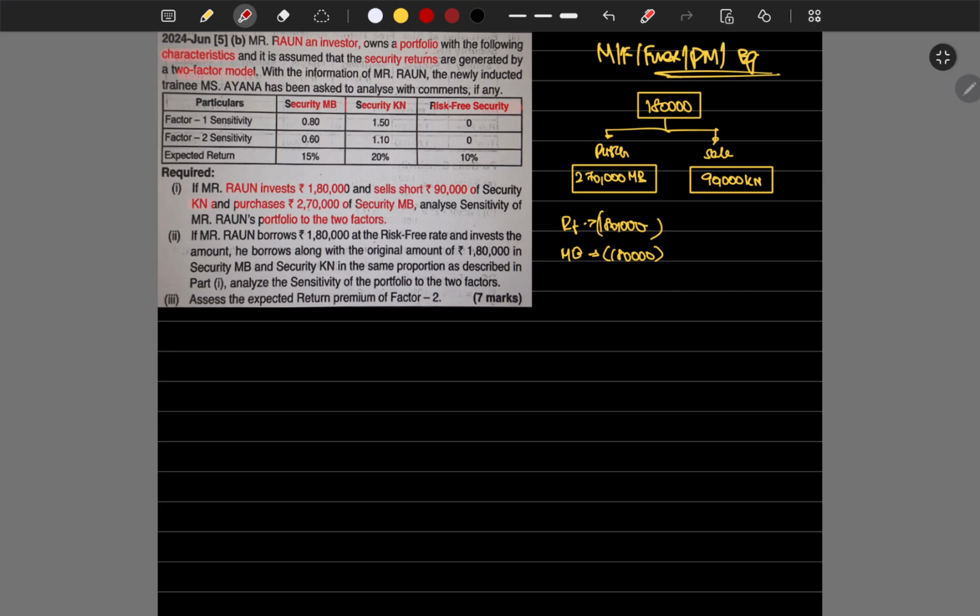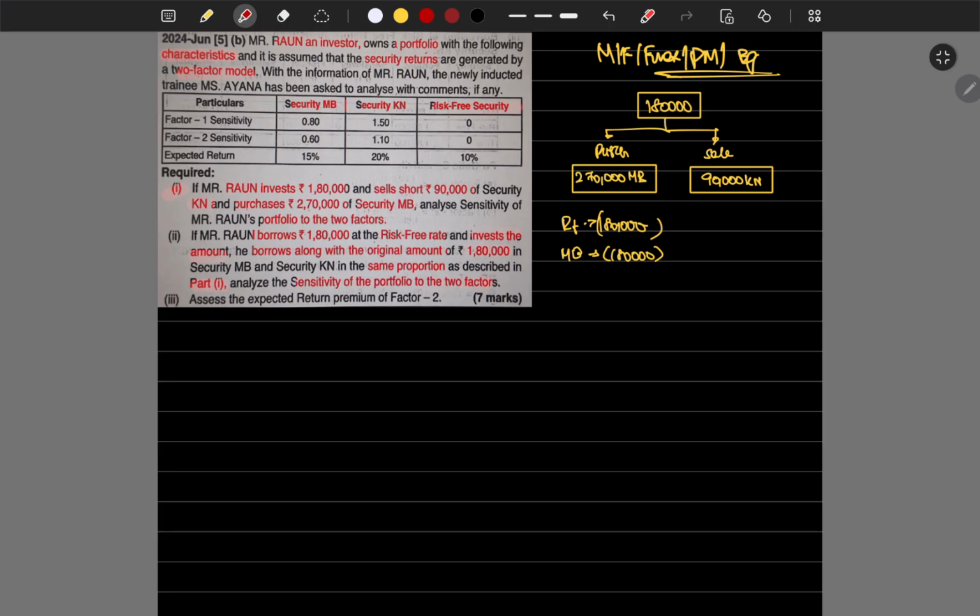Then they also borrow 1,80,000 to purchase risk-free securities and invest the amount, along with the original investment, in the same proportion as in part 1.